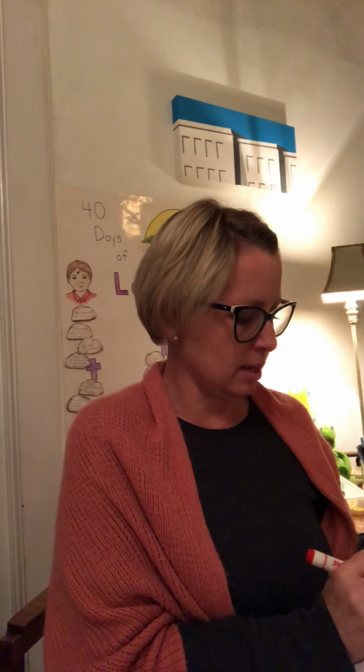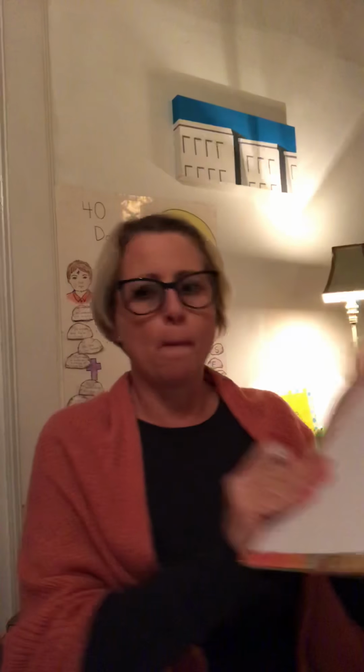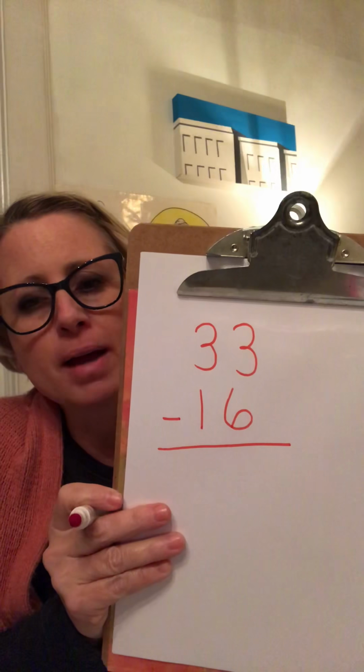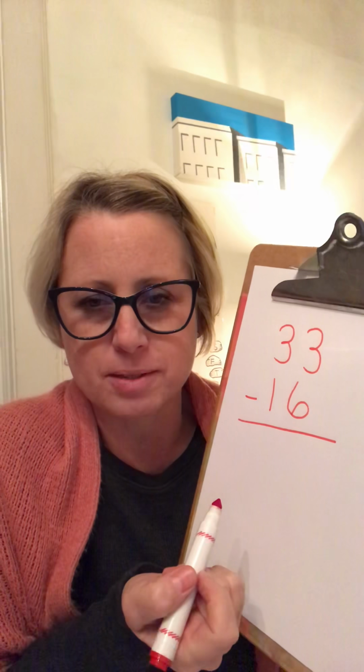It was 33 minus 16. Okay? 33 minus 16. Now, there's a couple of ways that you can answer the problem. You can always draw a picture, right? We've talked about how to solve problems, and we draw pictures with all of our word problems and also problems that have bigger numbers like this.